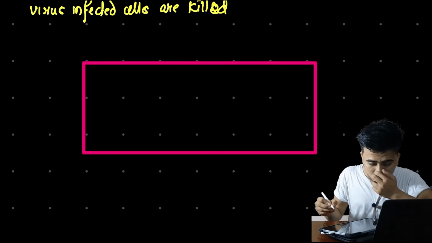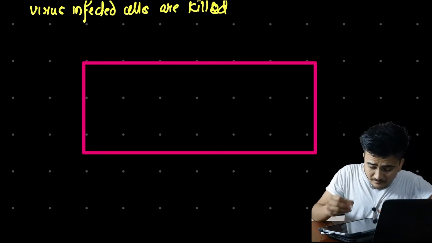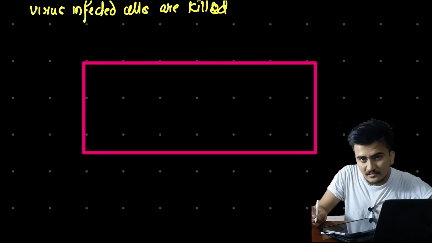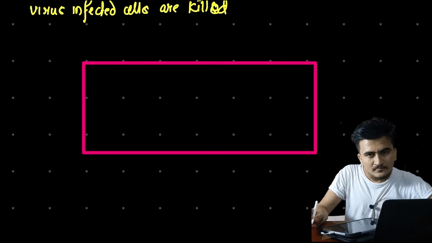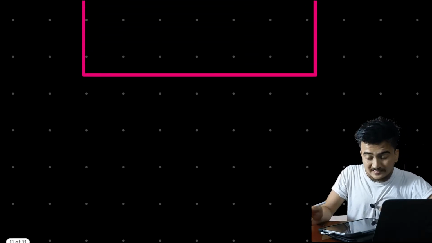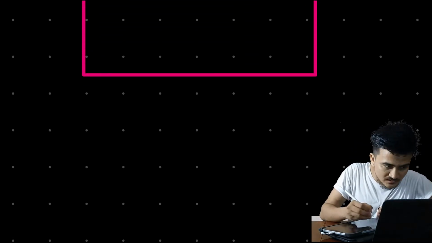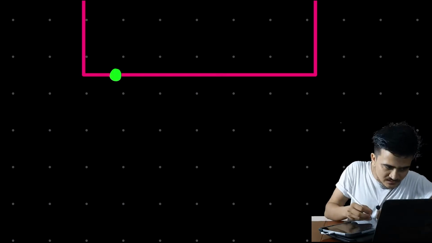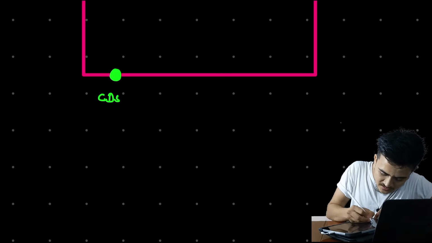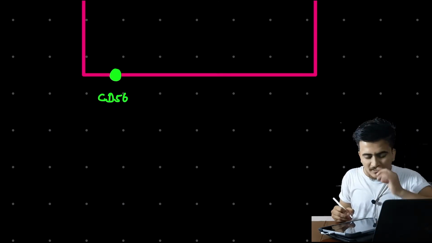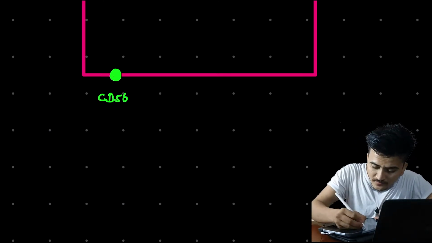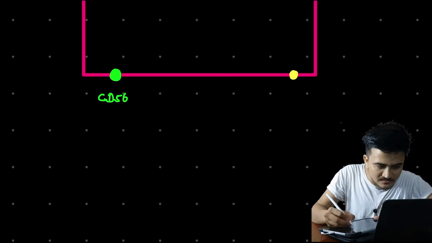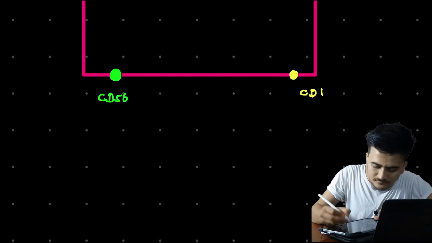As with T cells and B cells, there are several CD molecules on the surface of NK cells also. Initially, one CD molecule on the surface of NK cells is CD56, and another CD molecule on the surface of the NK cell is CD16.